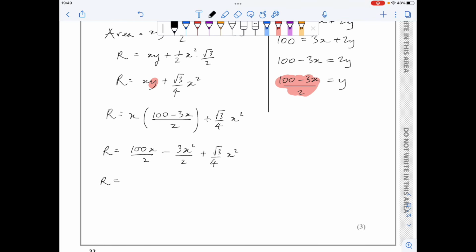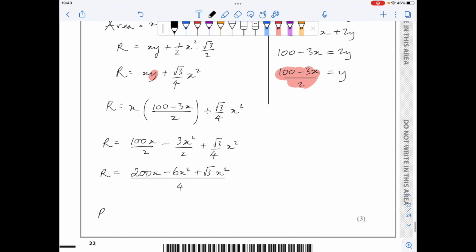So r is equal to, and I'm going to make all the denominators now equal to 4. So I'm going to have 4 here. So I'm going to multiply the first one by 2. So that's 200x minus 6x squared plus square root of 3 x squared.